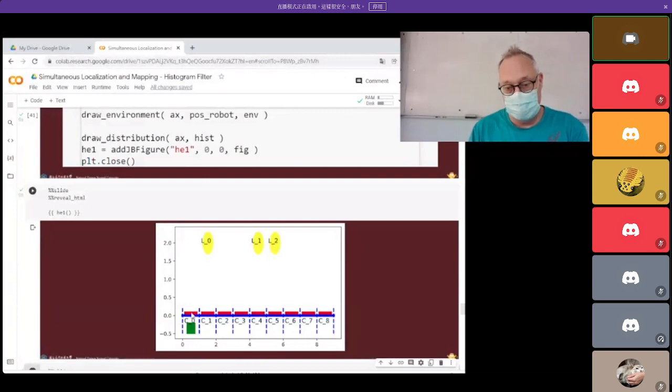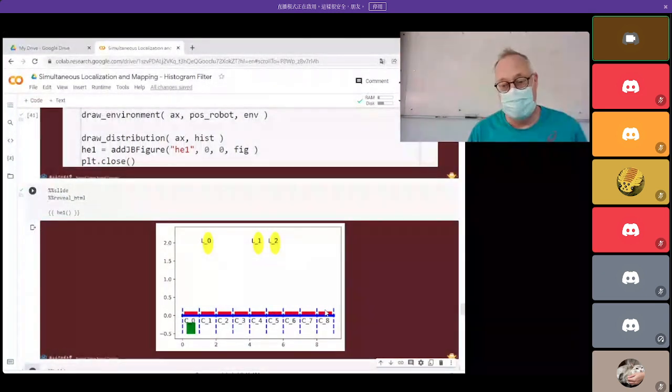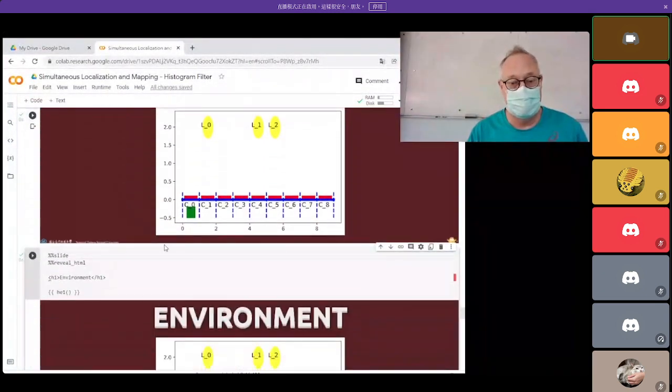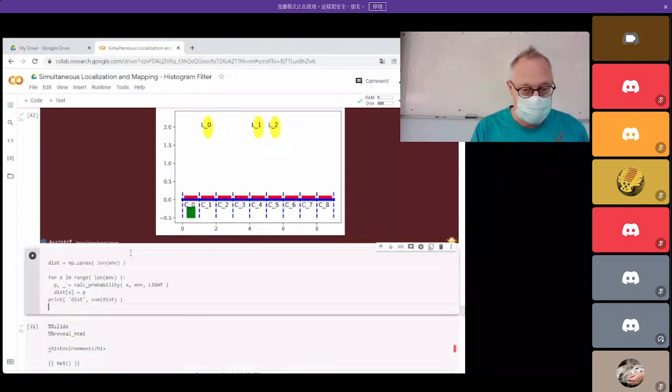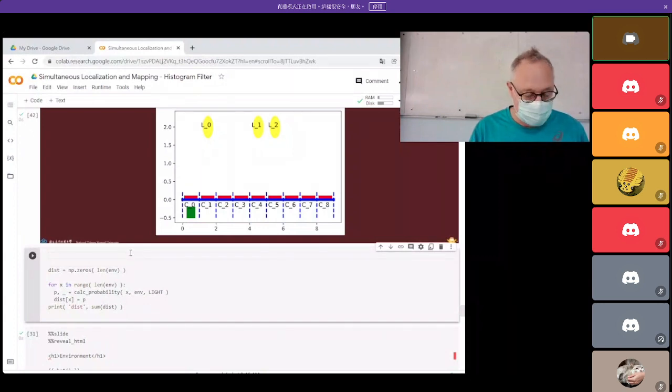So in this case, we have 9, so it's about 0.11. Sorry, yeah, 9 slots. So the probability is the same, uniform probability for each one of those. And then we can sense lighting.